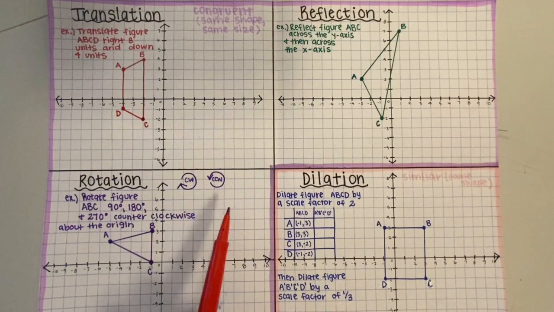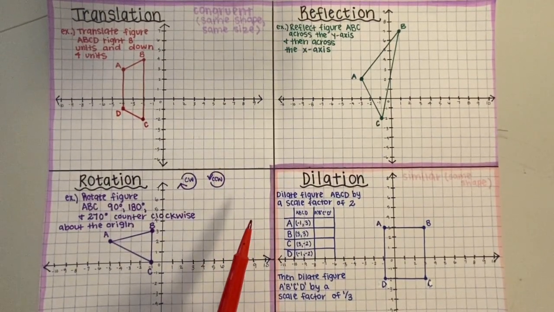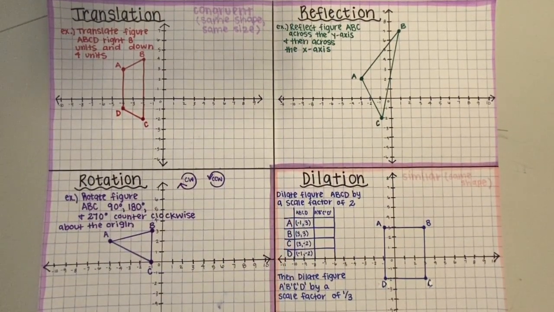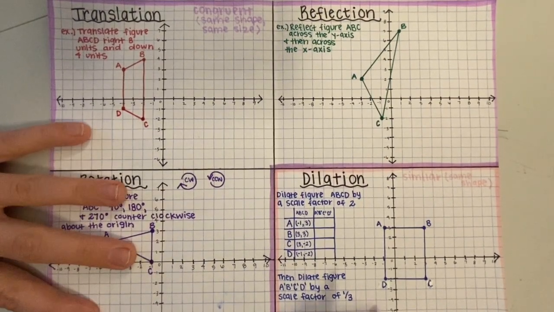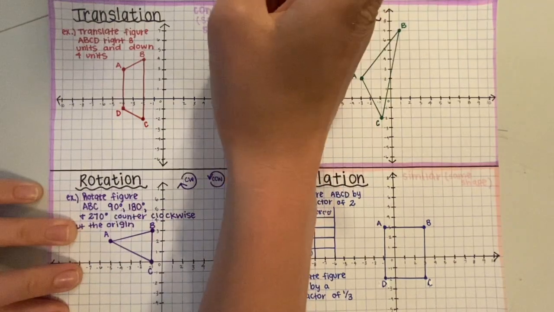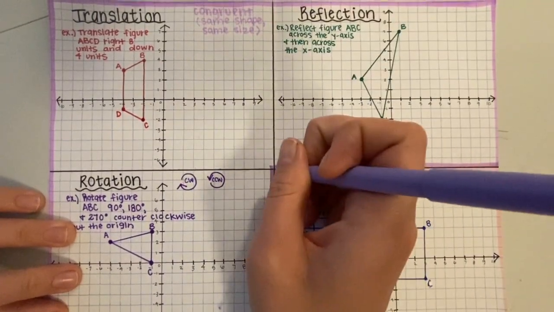3 of these transformations are considered rigid transformations. Rigid transformations create figures that are congruent. So in purple here, I have our rigid transformations. So I guess I'll write it here.